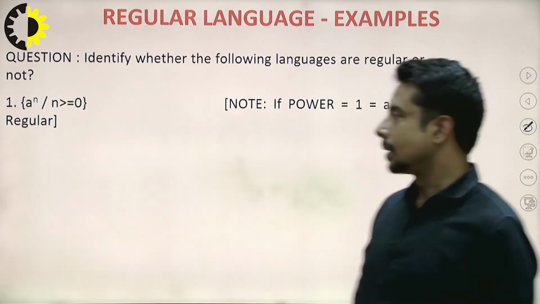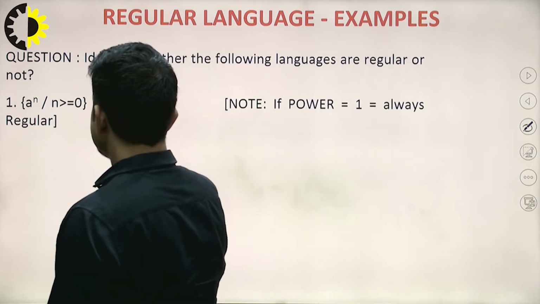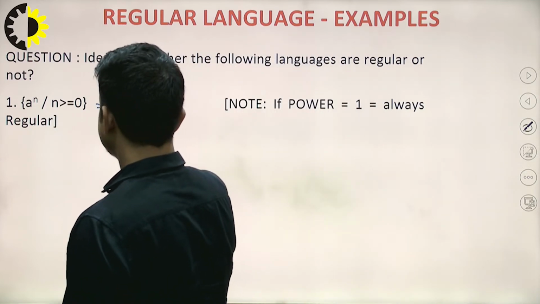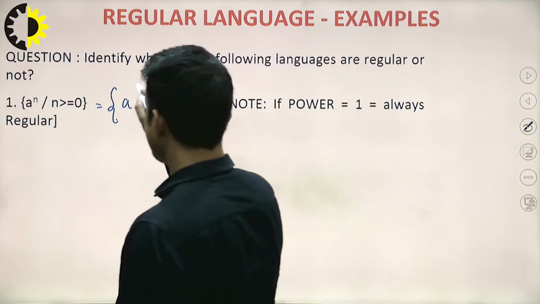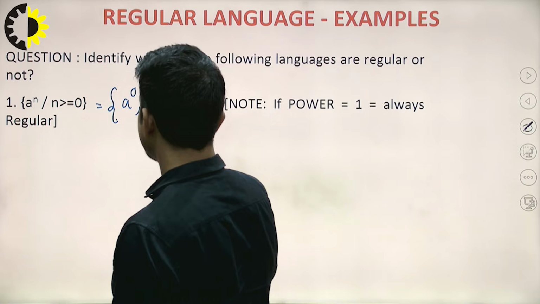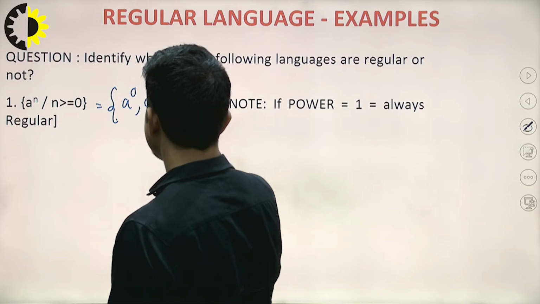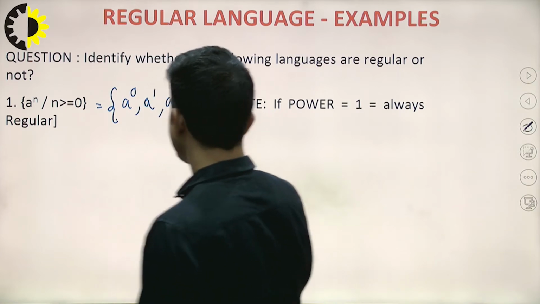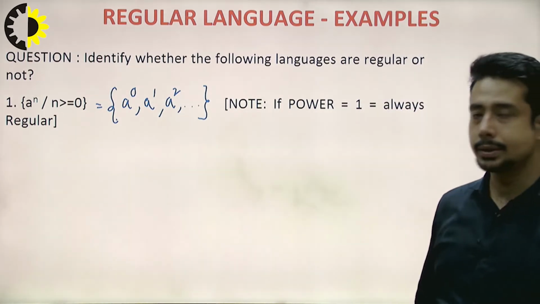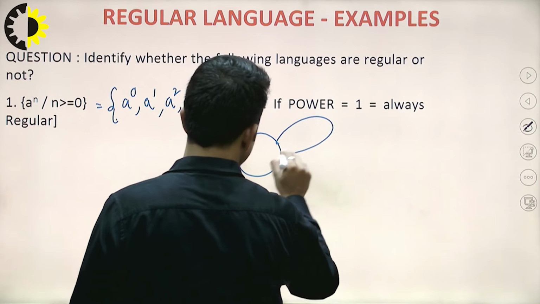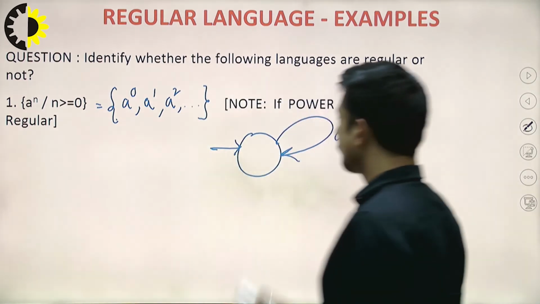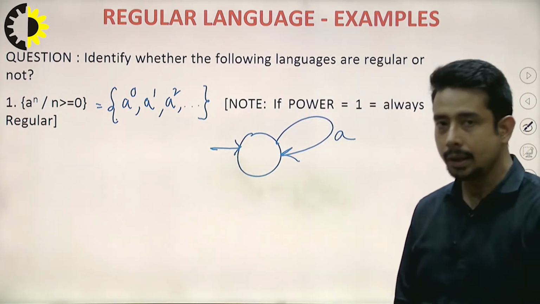This is a to the power n, which means a to the power 0, a to the power 1, a to the power 2, and it will keep on going. So if we look properly, can we make a finite state machine where there is a self loop of a? Yes, we can make it, correct?